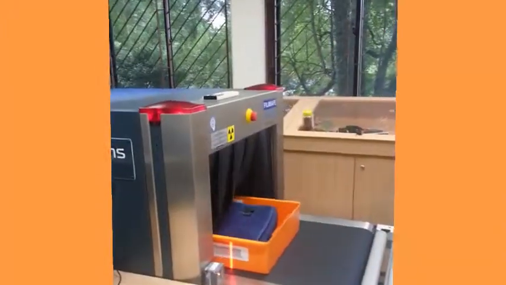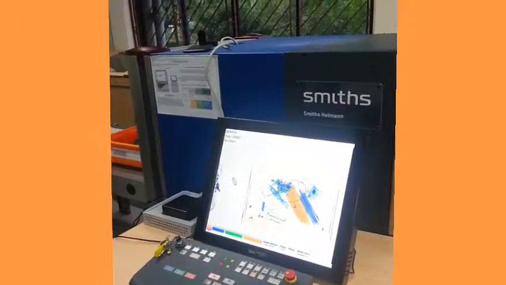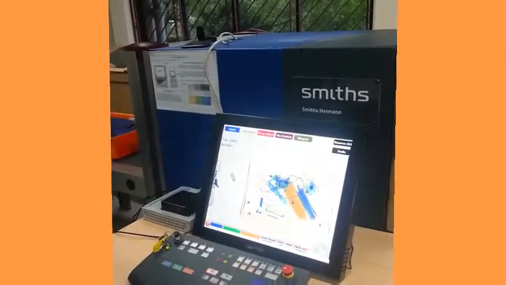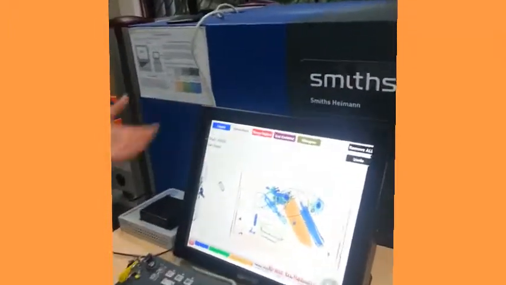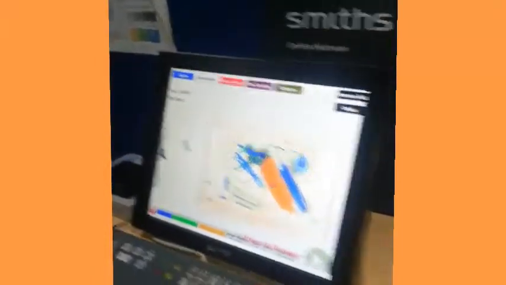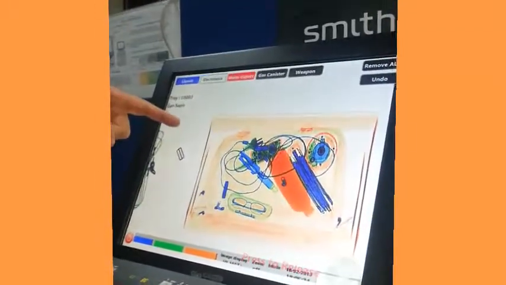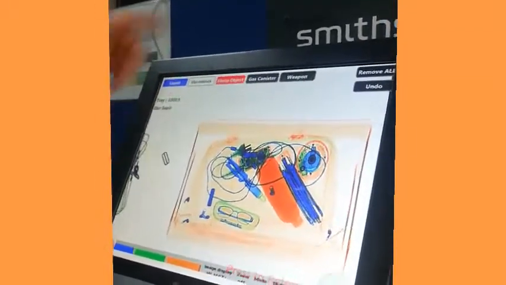is being read, the bag stops. Tapping on the bag will bring me a menu of anything that can be reported by the screener. So looking at that bag, we have a liquid.